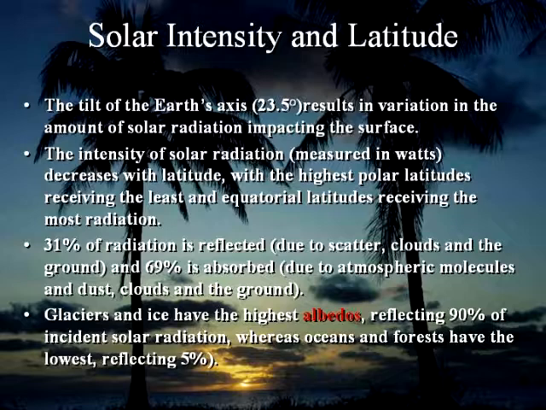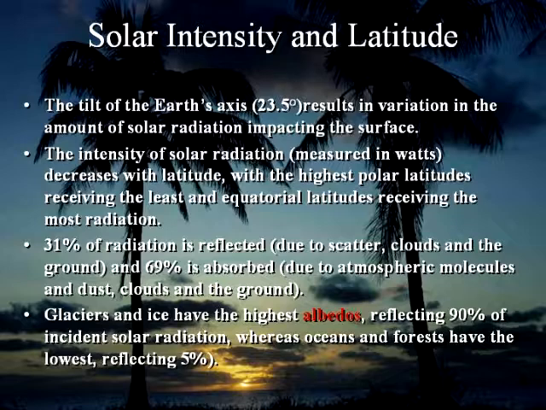Now, seasonality is related not only to latitude, it's related also to the fact that the Earth is tilted on its axis. And this slide here summarizes a few points about the relationship between latitude and solar intensity.